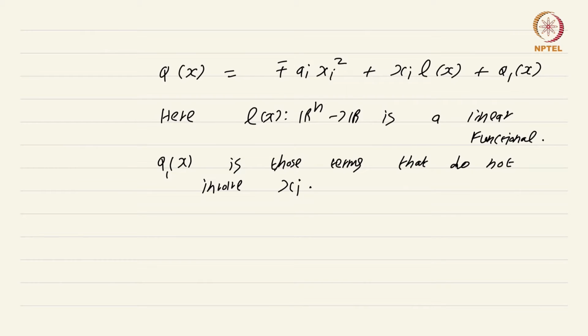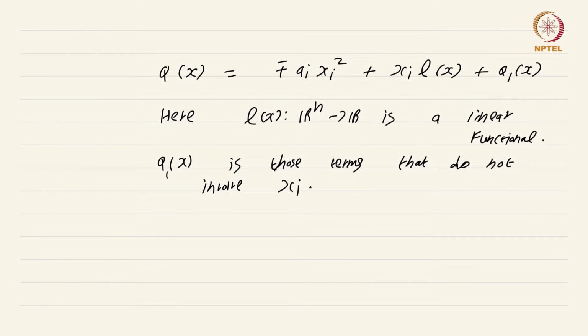So far so good. All I have done is club together all the terms in which xi occurs except the square term, which I have put separately, taken xi outside, ended up with a linear functional, and all the other terms I am putting together as q1.